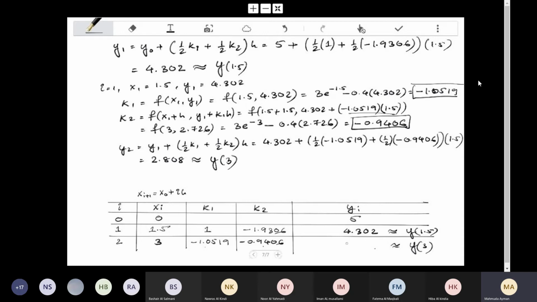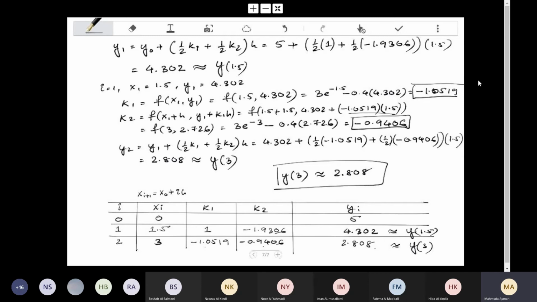So if you're doing this in the exam, maybe at the end you should write it like y of 3 is approximately equal to 2.808. That would be your final answer.